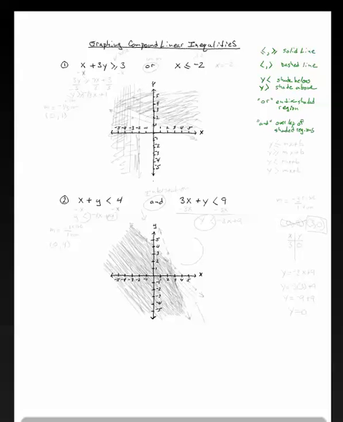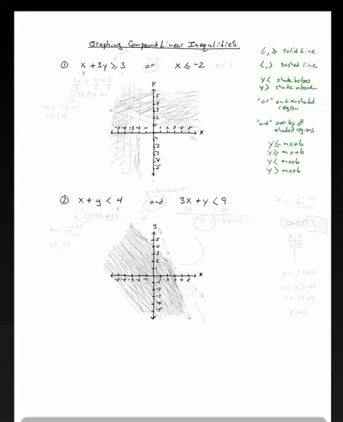Slope-intercept form is going to be something like y is less than or equal to mx plus b, or y is greater than or equal to mx plus b, or y is strictly less than mx plus b, or y is strictly greater than mx plus b, depending on the inequality. But we want the y by itself on the left-hand side.